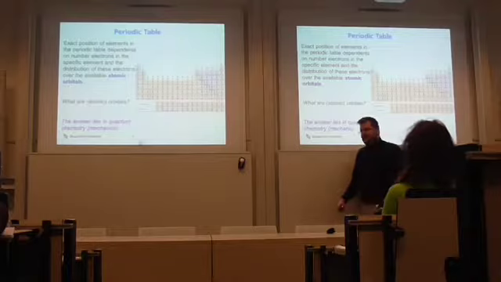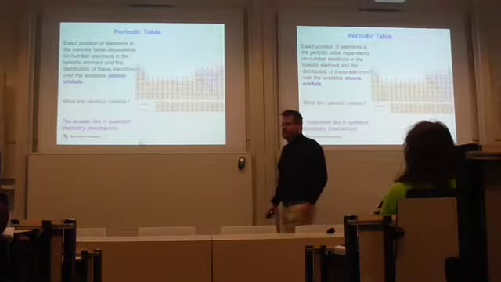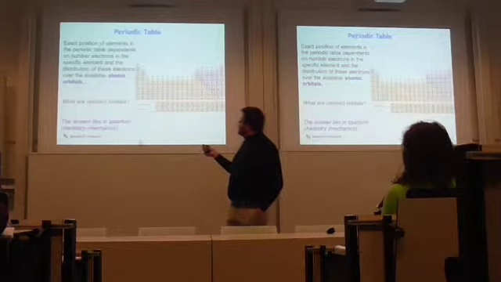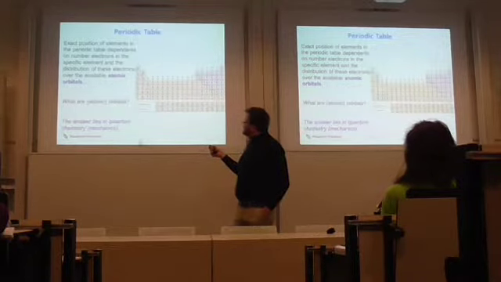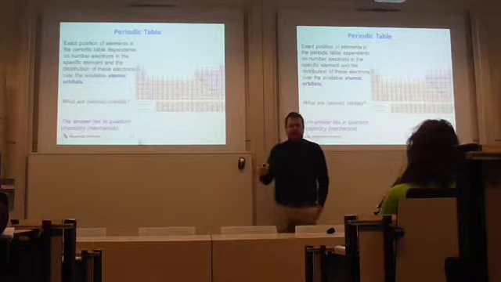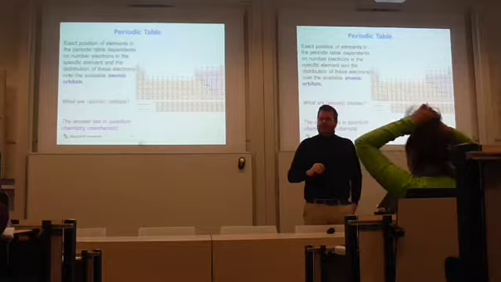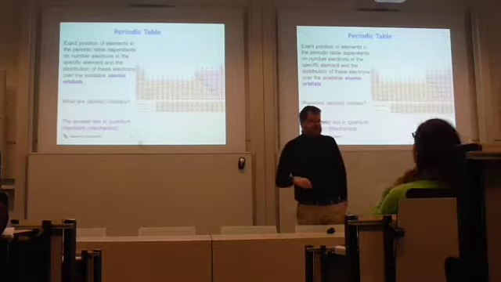In a neutral atom, the number of protons will be balanced by the number of electrons. So these big numbers at the top don't only reflect the number of protons in the atom, but also the number of electrons if the atom is neutral.